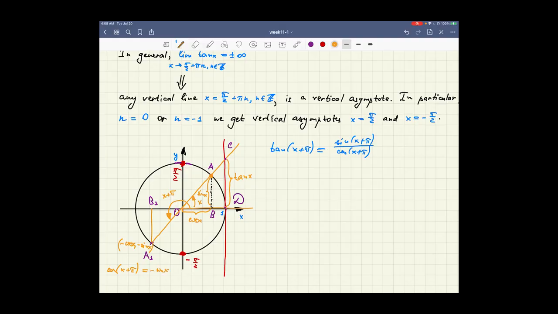And likewise, sine of x plus pi is the y coordinate of this point, which is negative the y coordinate of this point.